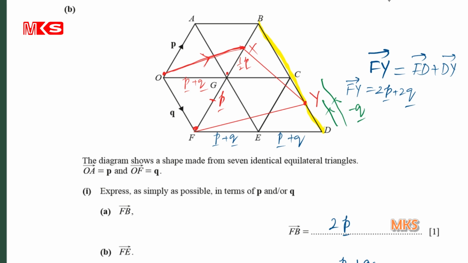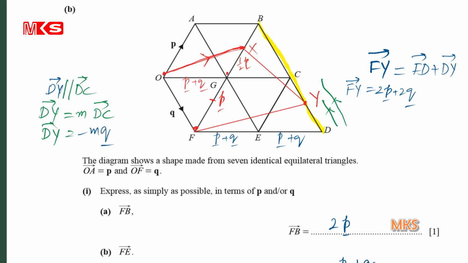So DC is minus Q, and as dy is parallel to DC, I can write dy is equal to, I will not say K times DC because K we have already used, so I can say M times DC, and DC is minus Q. So dy will be equal to minus MQ. So here we will have minus dy minus mq.